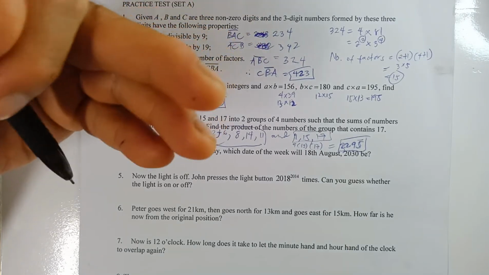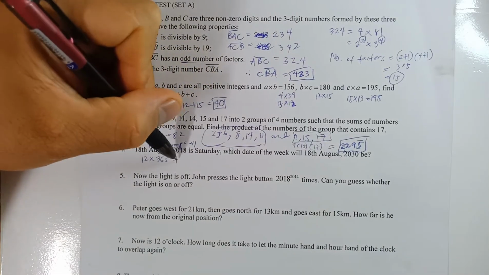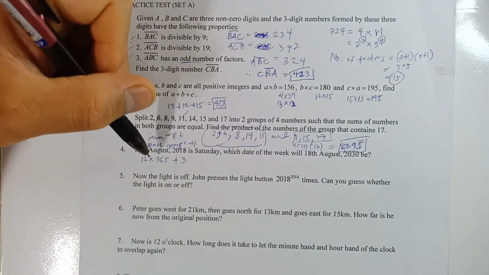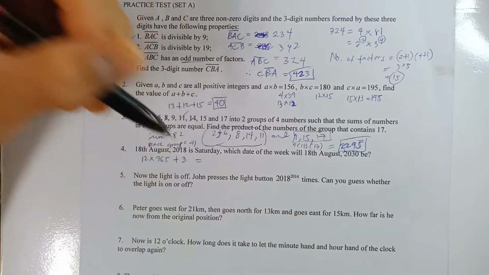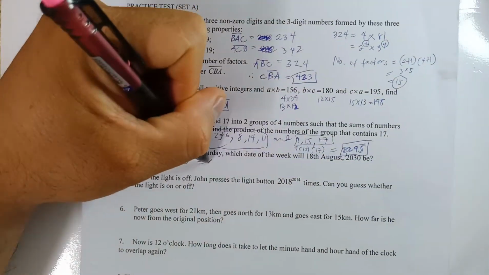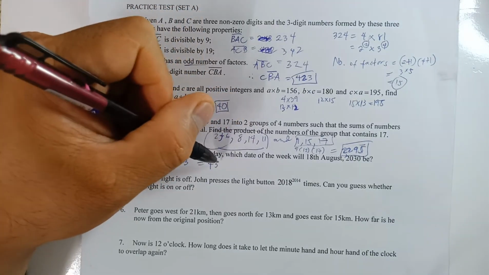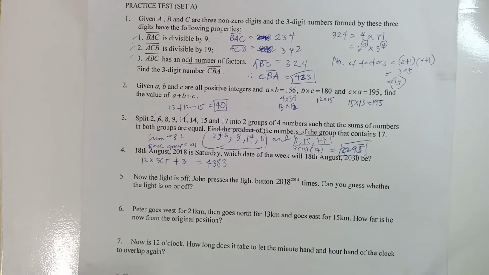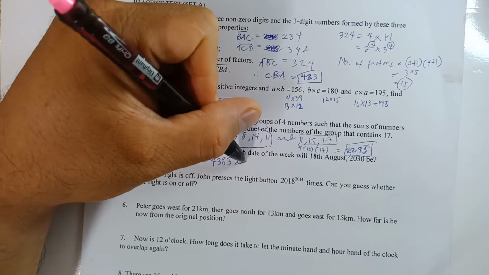Every leap year has an extra day, so we will add those 3 extra days. So there will be 12 times 365 days, which is 4,380, plus 3 days. So 4,380 plus 3 is 4,383 days.